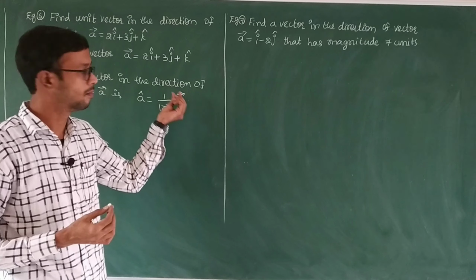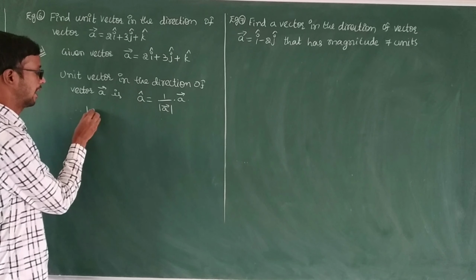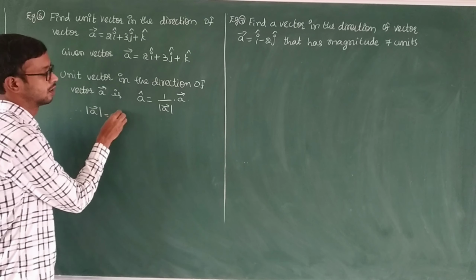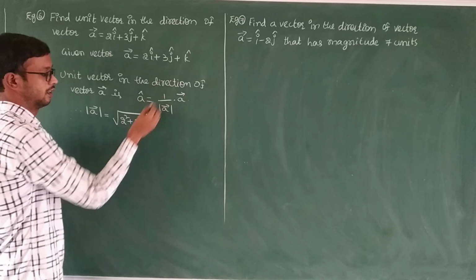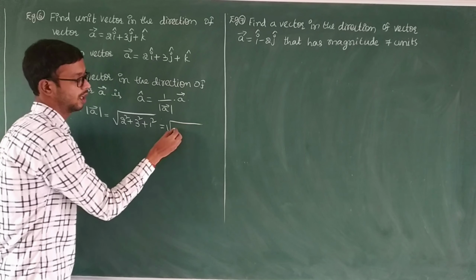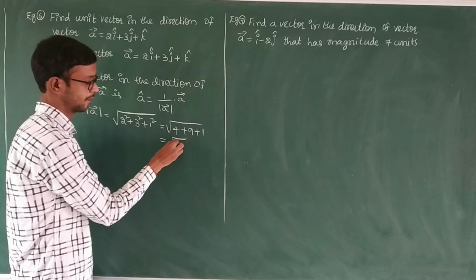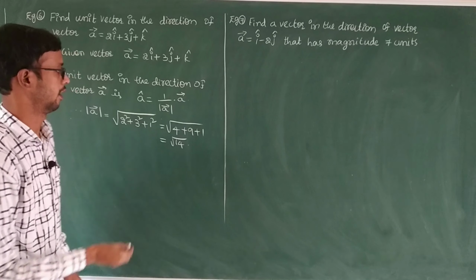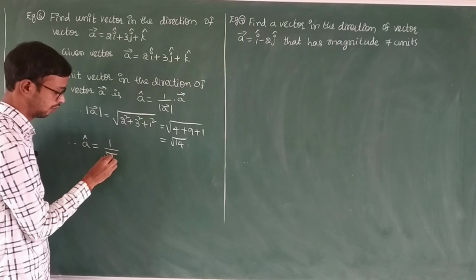So we already know the a bar vector here; the magnitude we have to find. Therefore, magnitude of a bar is equal to the square root of the component squares: 2 square, 3 square plus 1 square. So in total it will become root 14. Substitute there. Therefore, a cap = 1 by root 14 into a bar, 2i cap + 3j cap + k cap.